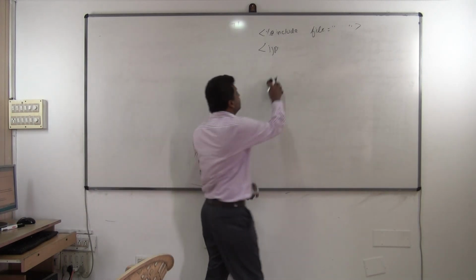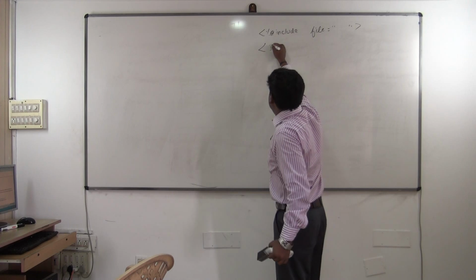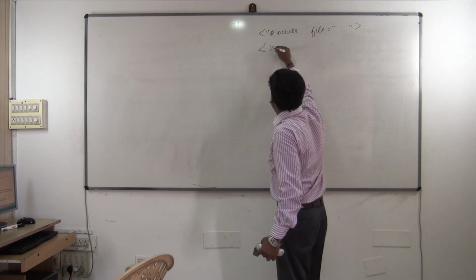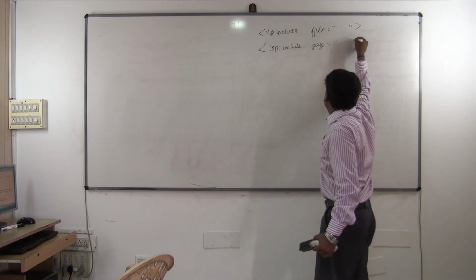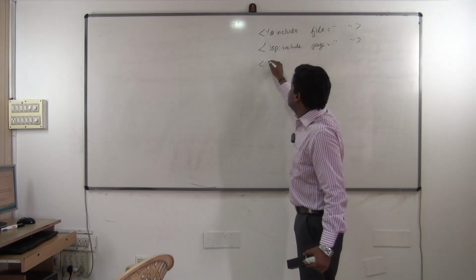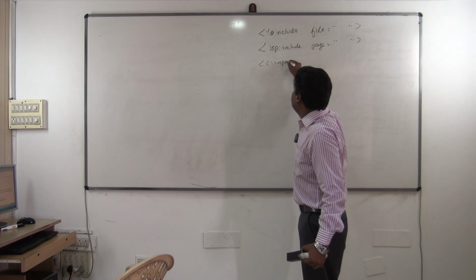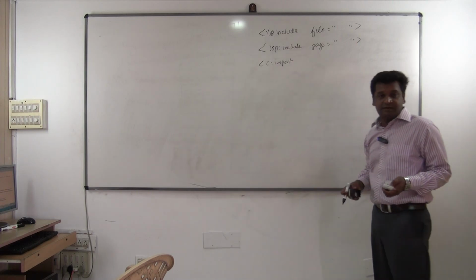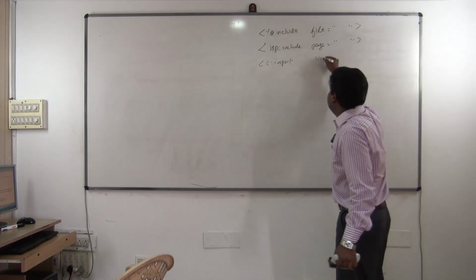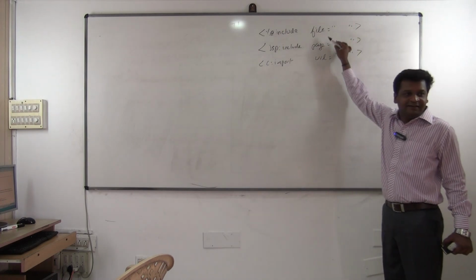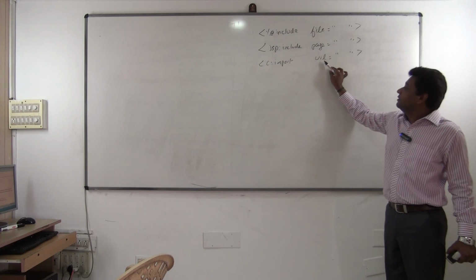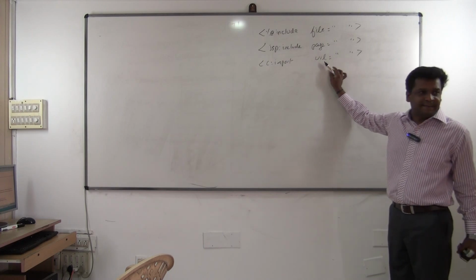The other one is the jsp:include action, with page is equal to. The other one is, you saw now, c:import, with URL is equal to. It is self-explanatory, no? File means static file, page means dynamic, URL means from any location.